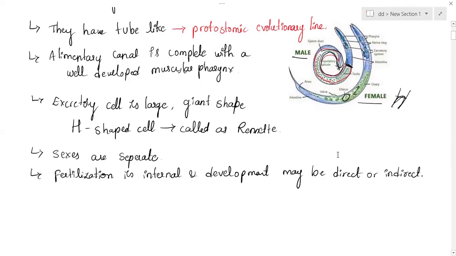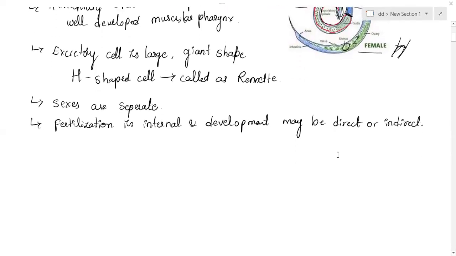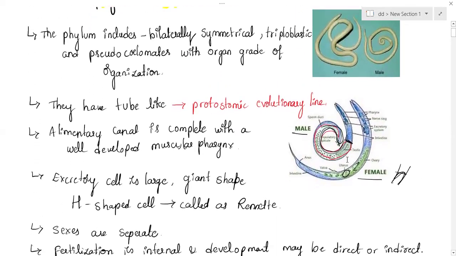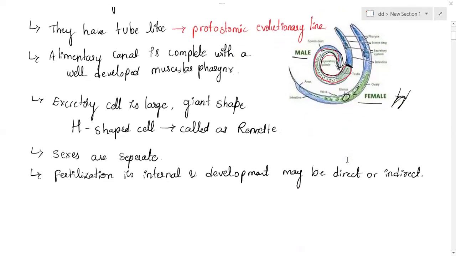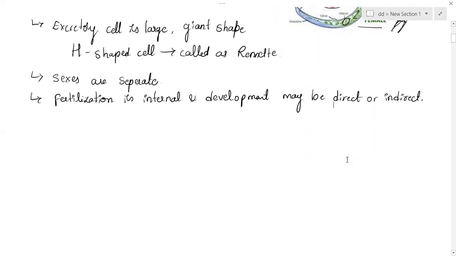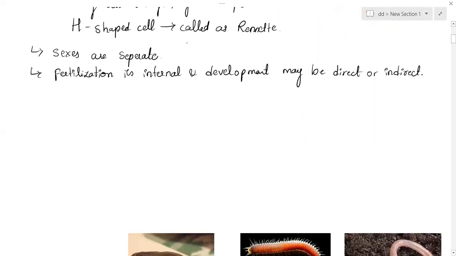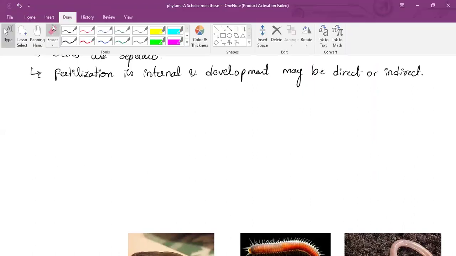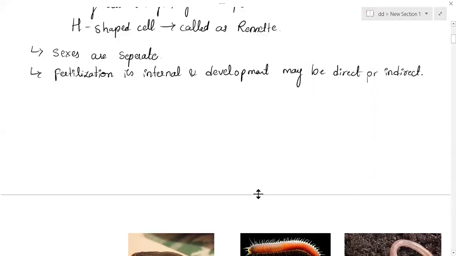So these are the key points of Aschelminthes. Very few features I have explained; it is more than enough. Here you need to understand Ascaris, a few details about it. That is the only thing they will ask about.